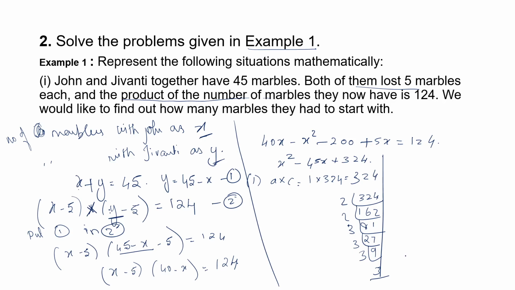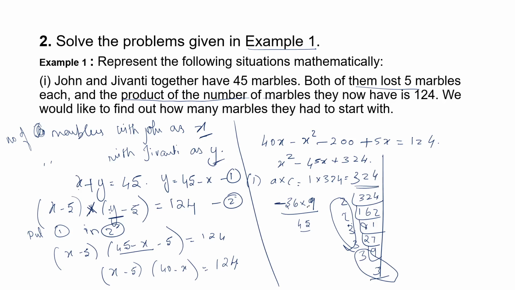So I can split it into 36 and 9. 9 2s are 18, 18 2s are 36. If I add 36 and 9, I will get 45, and if I multiply them, I should get 324.